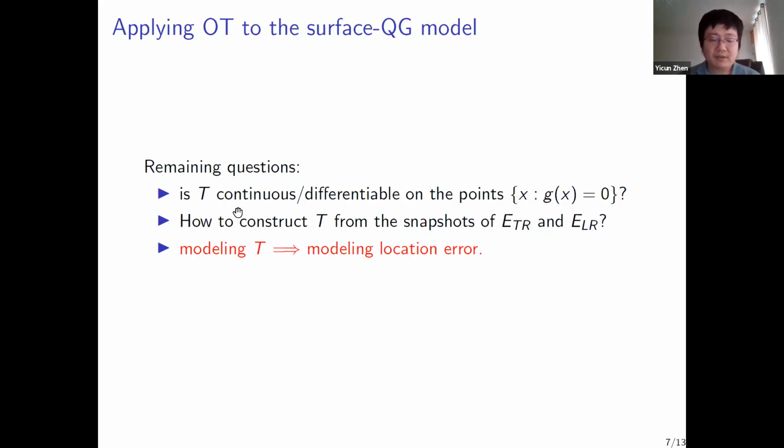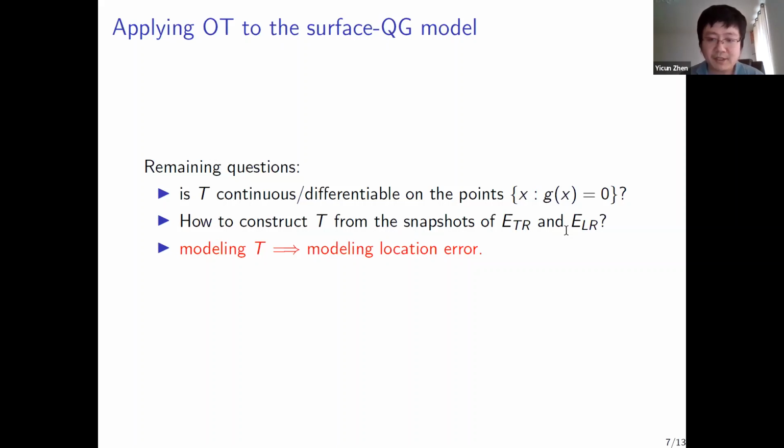Besides this, we still need to answer the following questions. First, is T continuous or differentiable on the points where g vanishes? This is a question for the optimal transport theory. Secondly, how do we construct the optimal transport from snapshots of the true state and the low resolution state? There is some code online. But here again, the tricky issue is, what if your snapshots have some error points?